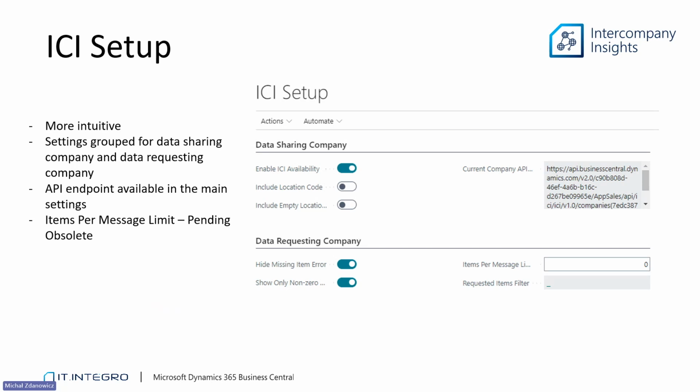This field basically was telling how many records should be asked for the availability data, so you could limit the size of the web service call. This field will now be obsoleted and removed in the future.